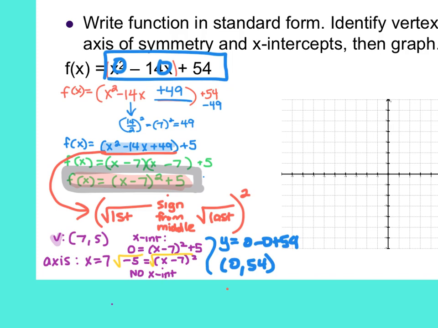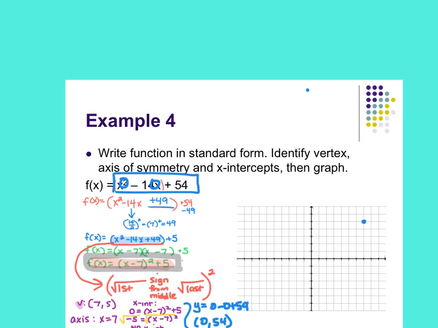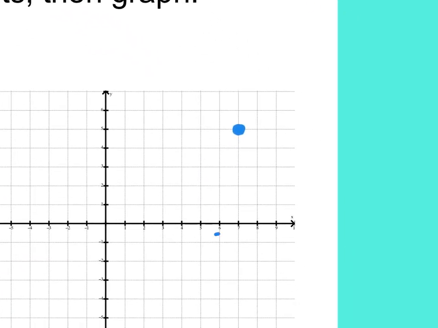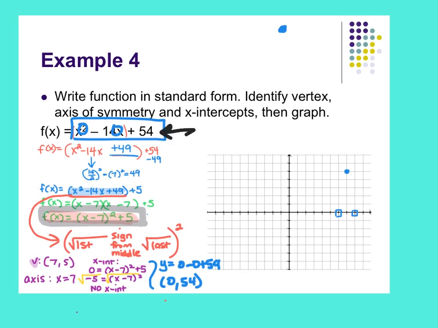So if I started with my vertex 7, 5, and my x-intercept or my y-intercept was way up here, okay, I can simply plug in additional points like 6 and 8 into my equation, and I can plug them in either here or here to get my additional points.